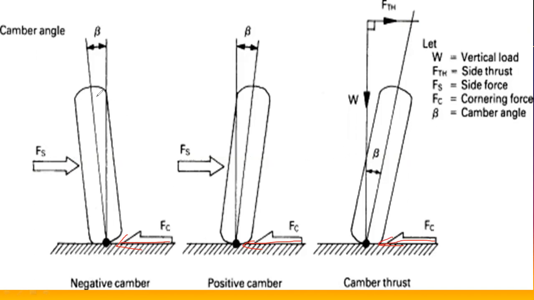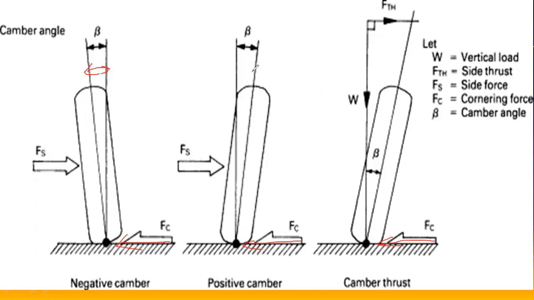Beta is the camber angle. In the automobile, two different types of camber angles are used: positive camber angle and negative camber angle. There is also a zero camber, where the camber is in a thrust position.